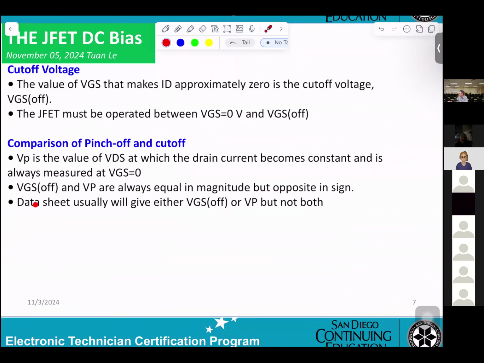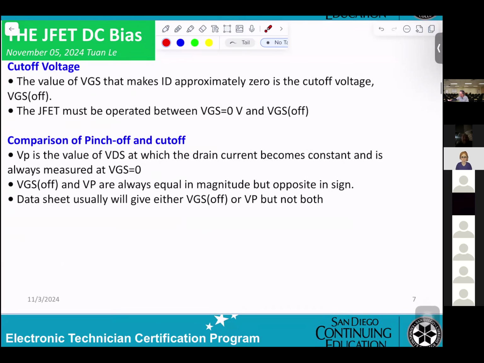The data sheet will usually give either VGS off or VP. If I give you the value of VGS off, then you have to know the value of VP, and reverse it. Given VP, you know VGS off. Only thing is, they must be opposite.